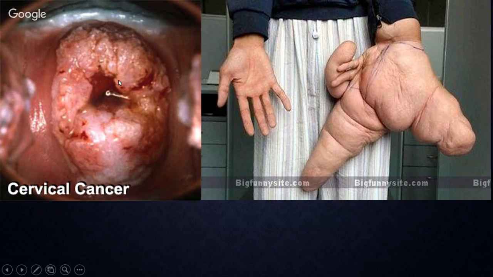Others can be preventable, for example here, cervical cancer, which is pretty invasive, but now with immunization, which you need to know, it seems that within the last 5 years cervical cancer is more preventable by this immunization.